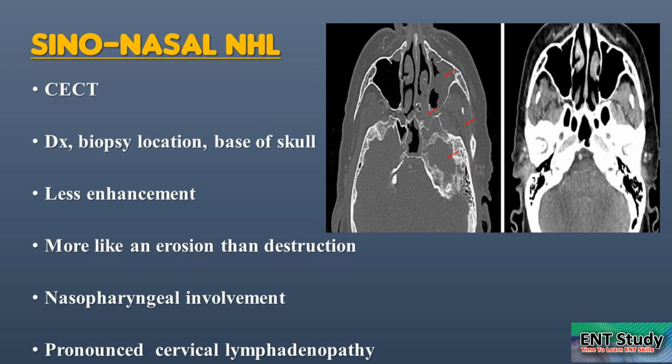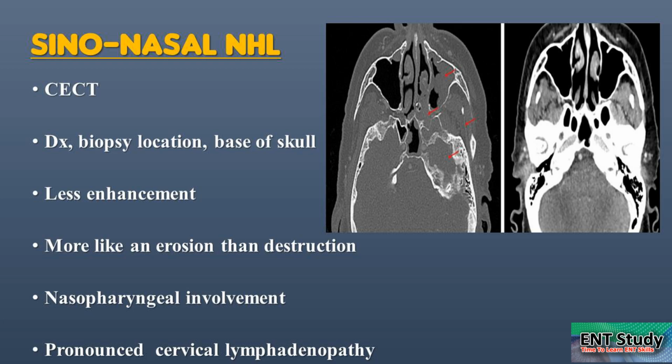Now another very important point is non-Hodgkin's lymphoma. I distinctly remember that people usually avoid biopsy, but biopsy is very important whenever it is considered, because if it is non-Hodgkin's lymphoma, then you can save your patient from some mutilating surgery.